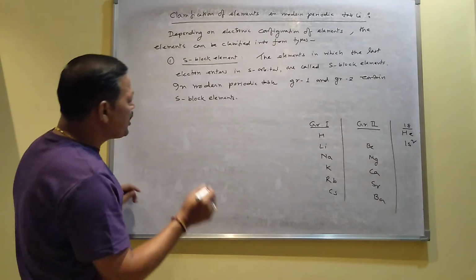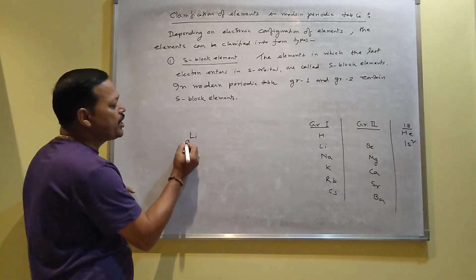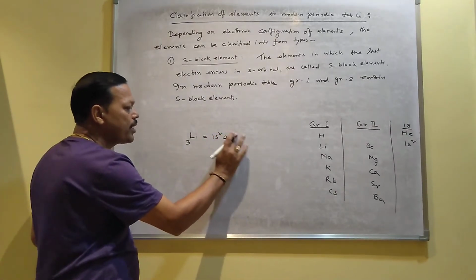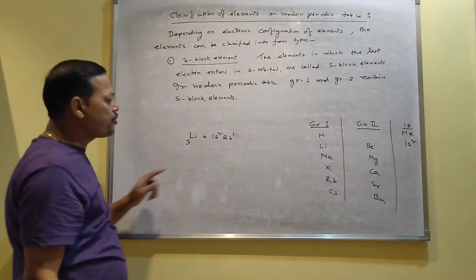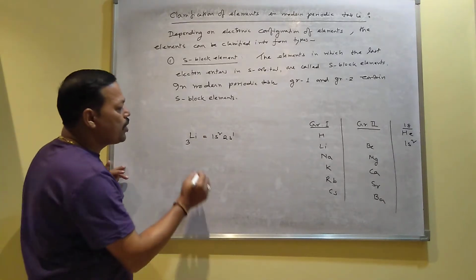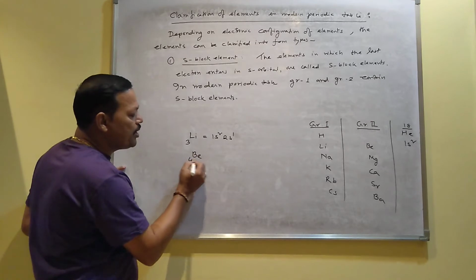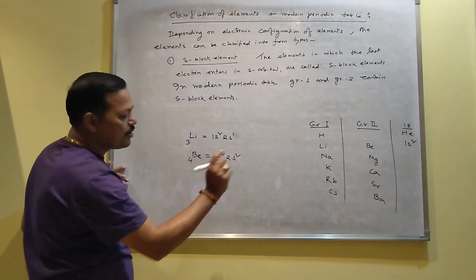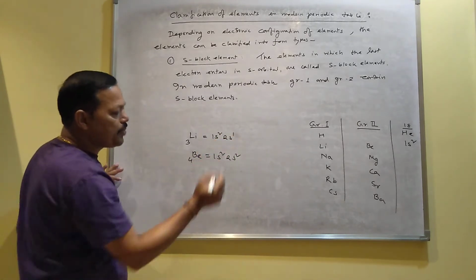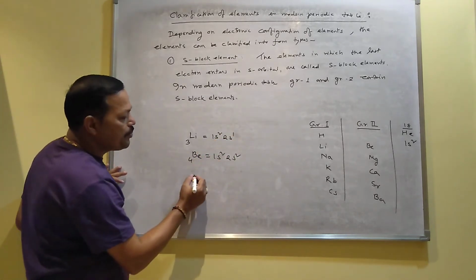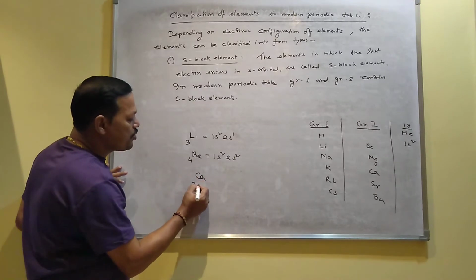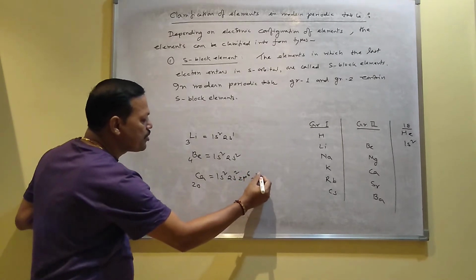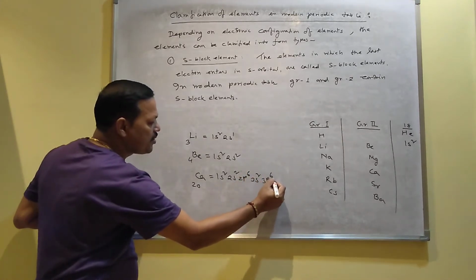When you write the electronic configuration of these elements, for example lithium, atomic number 3: 1s2, 2s1. Beryllium, 4: 1s2, 2s2. In each, the last electron is present in S. Similarly, calcium is 20: 1s2, 2s2, 2p6, 3s2, 3p6, 4s2.